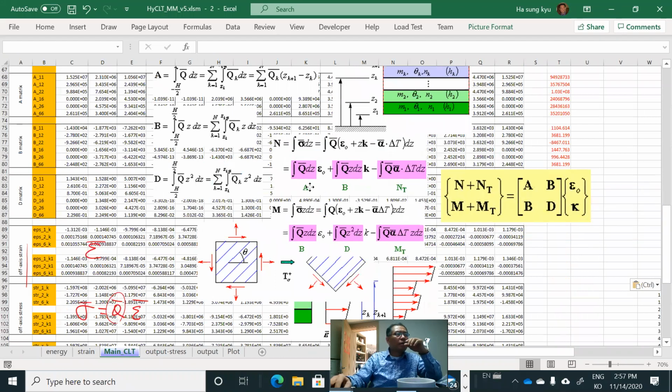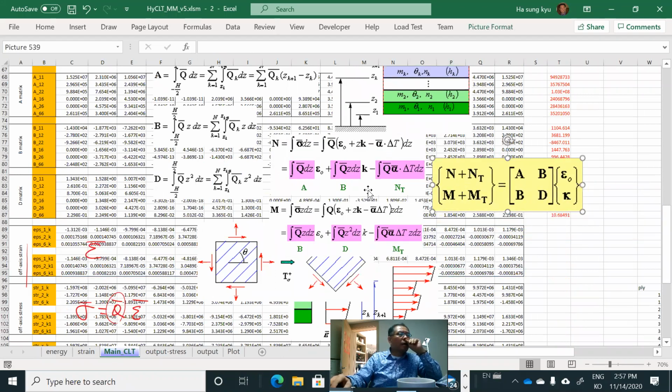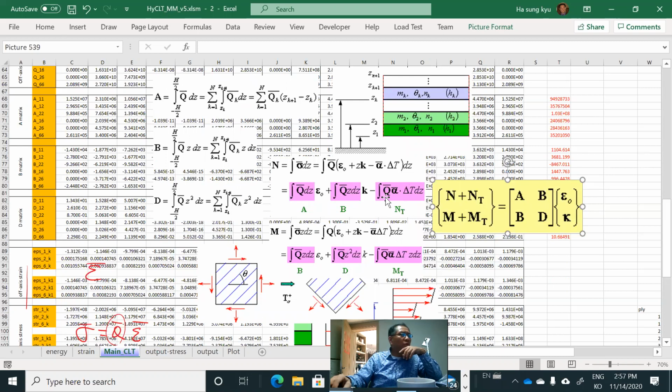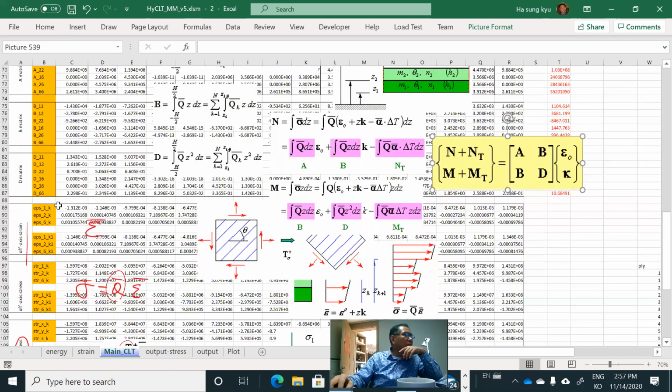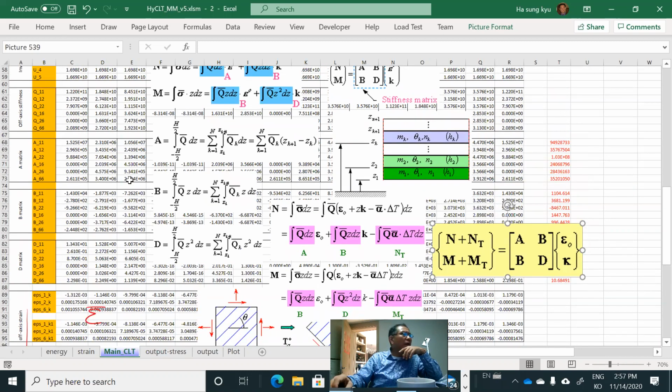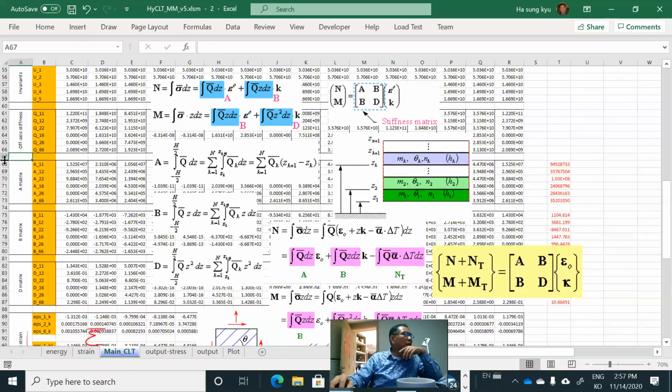Let's put it here. As you can see, all you need to do is just calculate the NT and MT and these terms. Right after the off-axis stiffness, which is Q, and alpha bar, this is the right position. I think this is the right position.